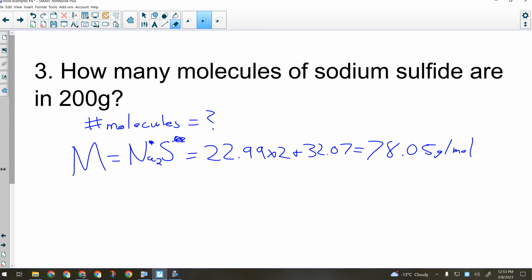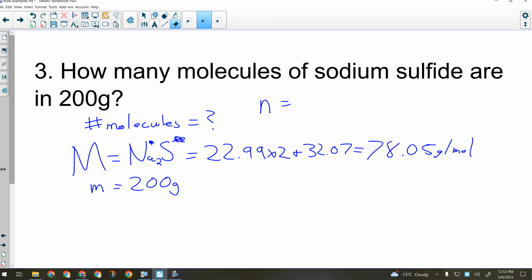Okay, now that we've got molar mass, we can also write down that we know little m, 200 grams. All right, what can I calculate right now with little m and big M? N, yeah, I can calculate N right now. The formula is set up that way.